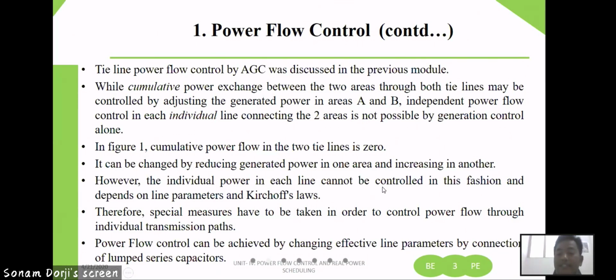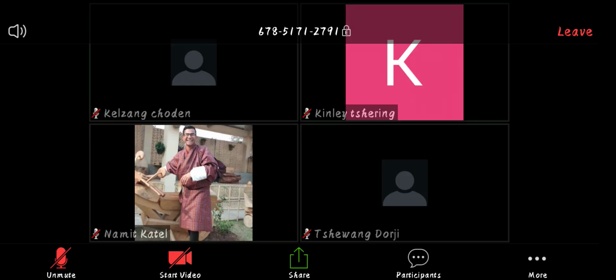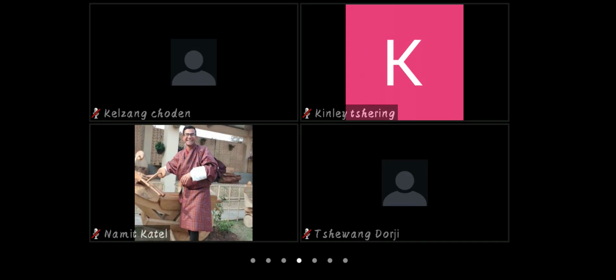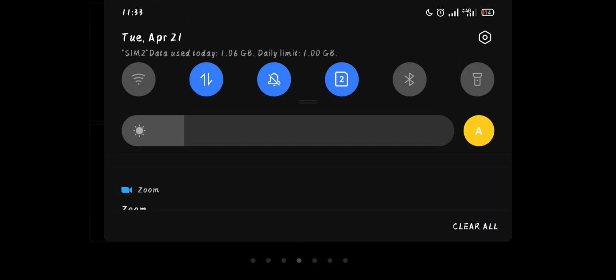So with a lumped series capacitor, you will connect a capacitor here and try to improve the capacity of this tie line. Similarly, you will connect a capacitor in series with this tie line and try to improve it, and similarly for the other lines. So you can connect series capacitors and try to improve, but the AGC will carry out only the cumulative, overall control.